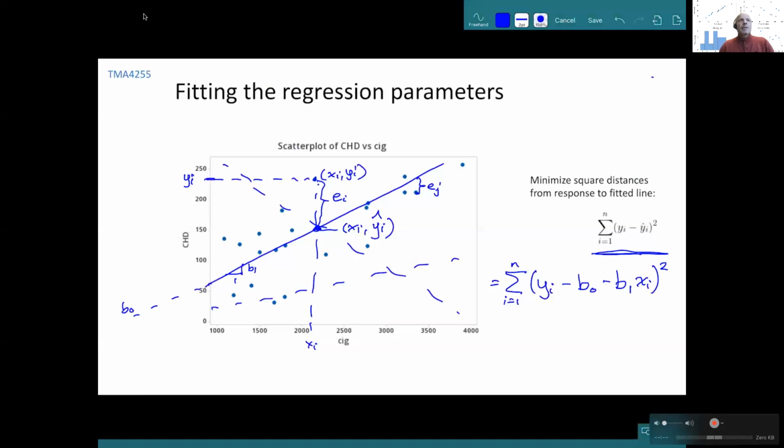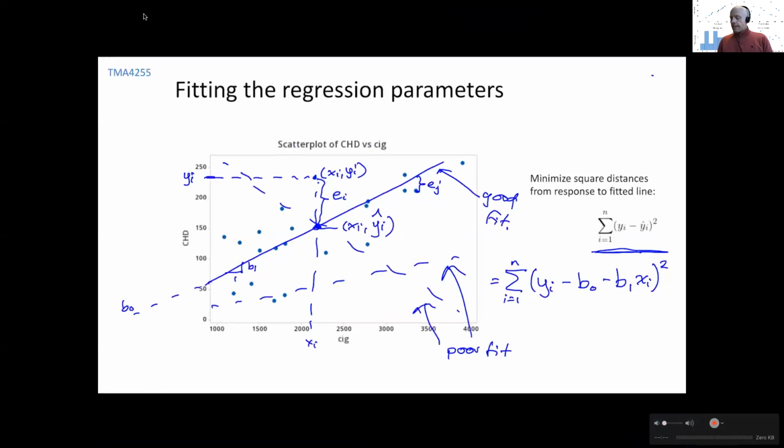Beta is something theoretical in our model, a statistical construction. This b we can compute from the data, and it's our estimate of the line. So by minimizing this with respect to b0 and b1, I find the best line, and I would pretty soon reject these. They have large errors, so they are a poor fit, whereas this line is a good fit.